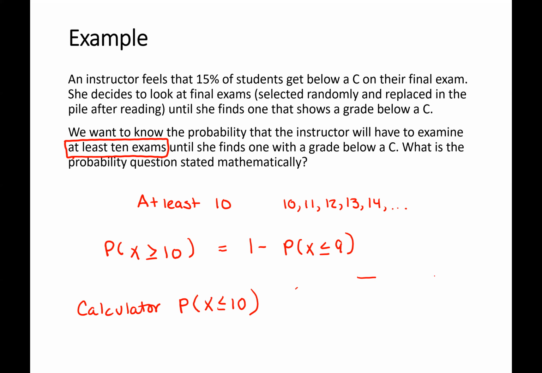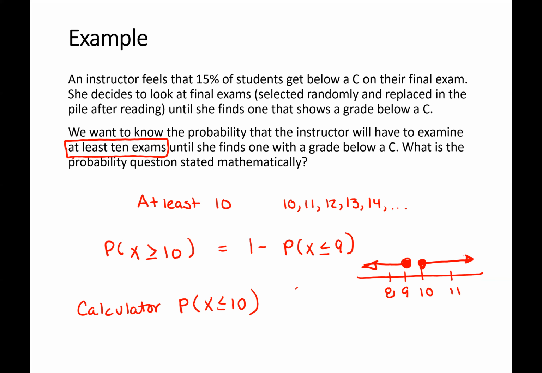If we look at a discrete probability distribution, and discrete means that we can count the number of successes, our calculator finds this. That's what our calculator finds, and what we're interested in is this.